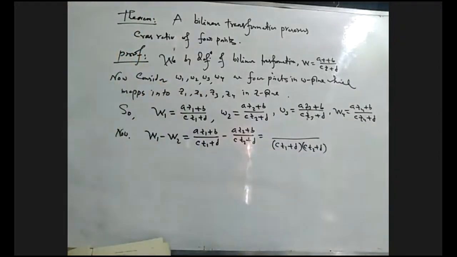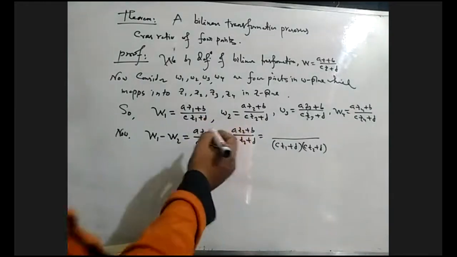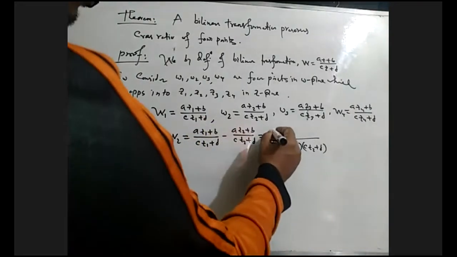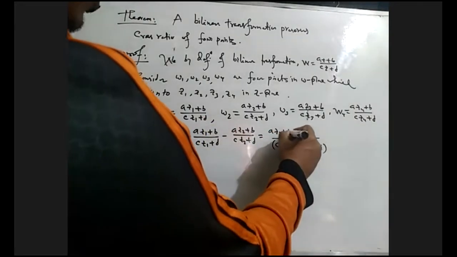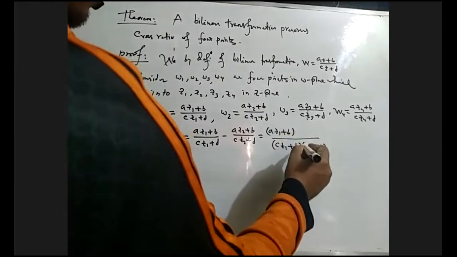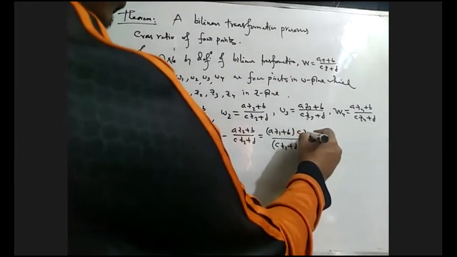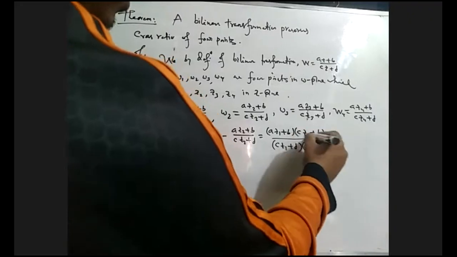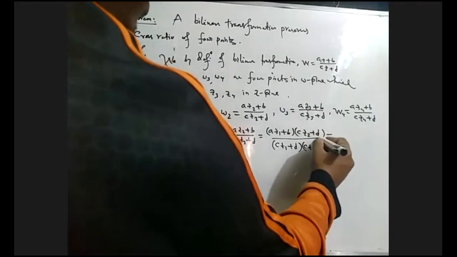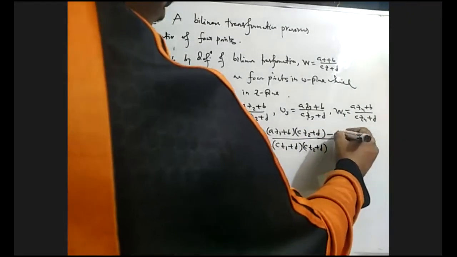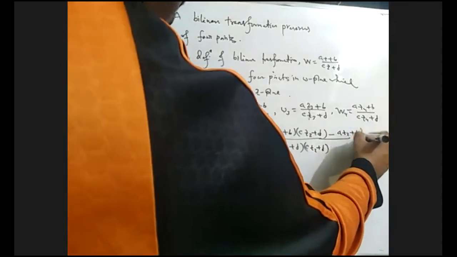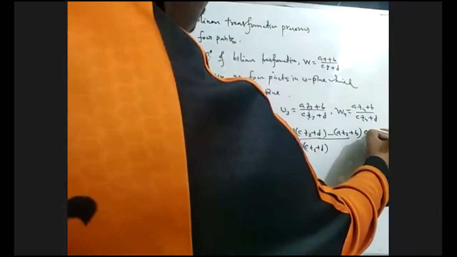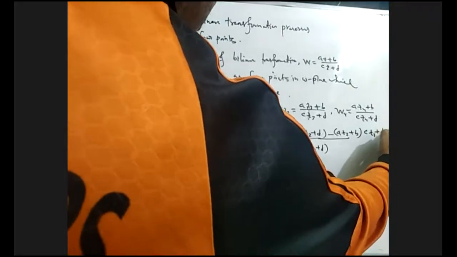So the numerator is (AZ1 plus B)(CZ2 plus D) minus (AZ2 plus B)(CZ1 plus D).